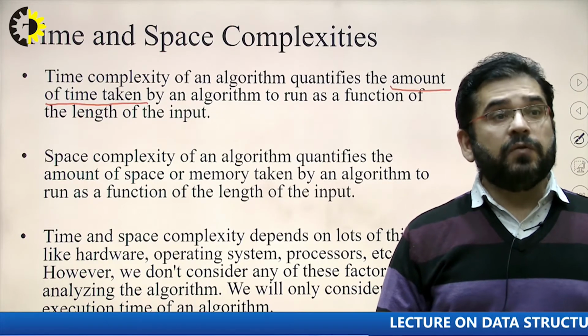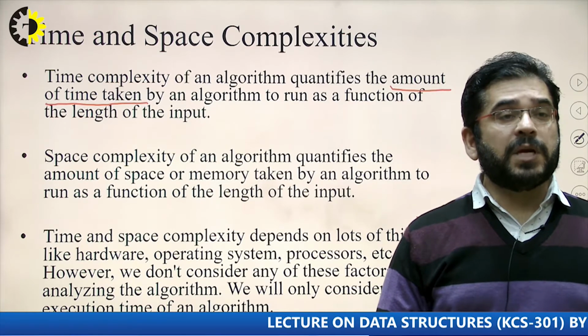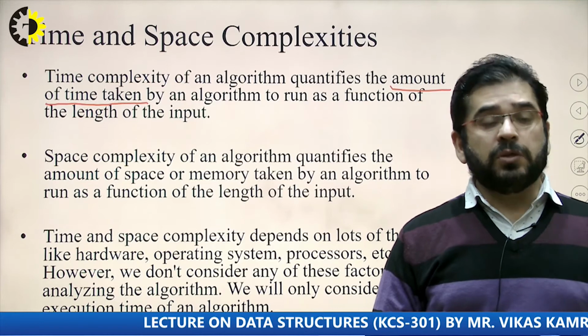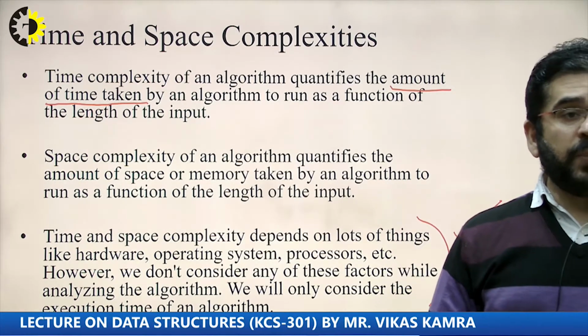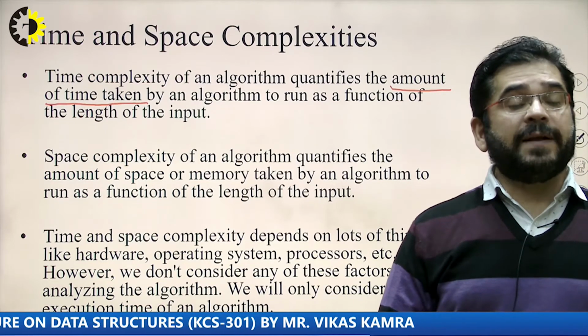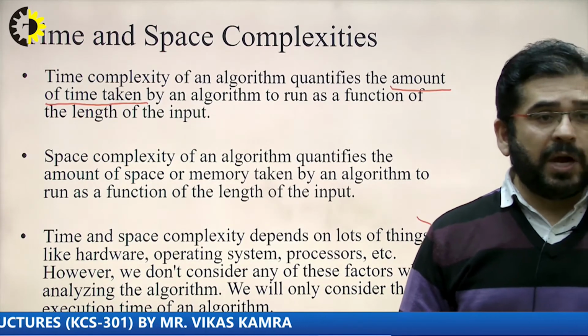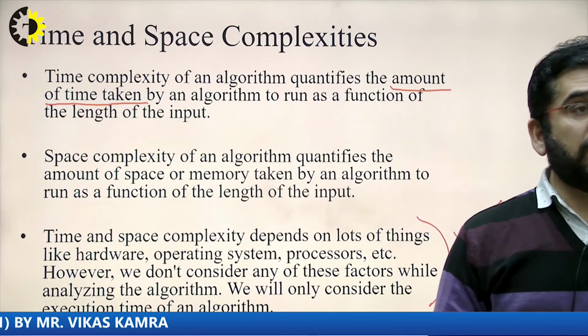These factors are counted during the measurement of time or space complexity of a computer program, but not of an algorithm, because we cannot execute the algorithm directly on a computer. It is written on a piece of paper, but a program should be executable on a computer system. Then these parameters will be required for that. So we will only consider the execution time of an algorithm.